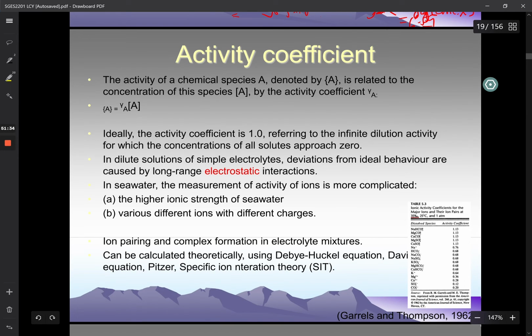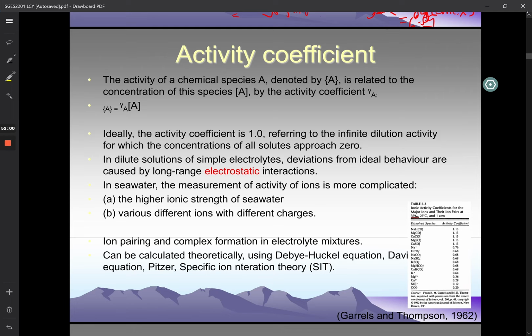Right, so before I talk about activity, I would like to talk about the different types of species that are in, for example, seawater.